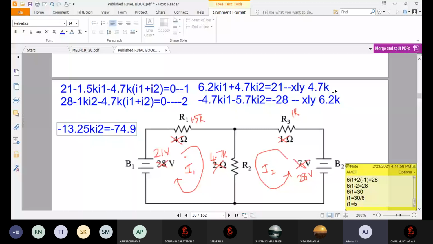So actually, if I multiply the first equation with 4.7k, 6.2k into 4.7k is 29.14 I1. Anyway, this will get cancelled.